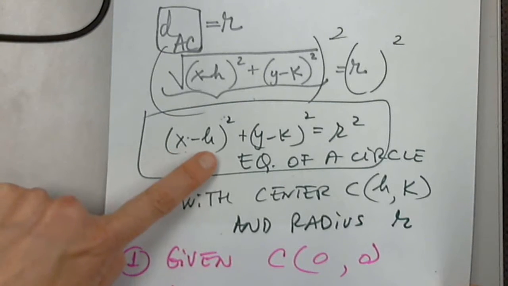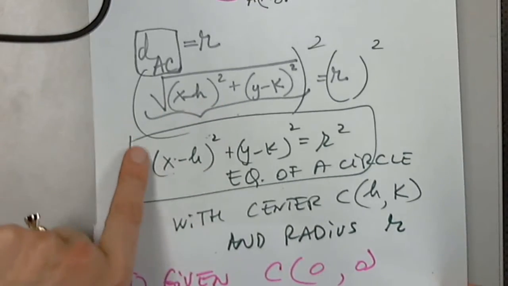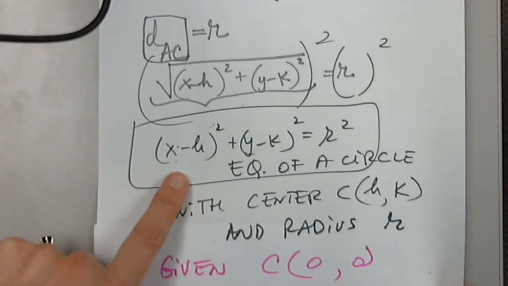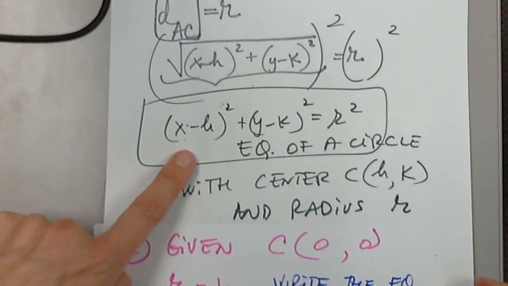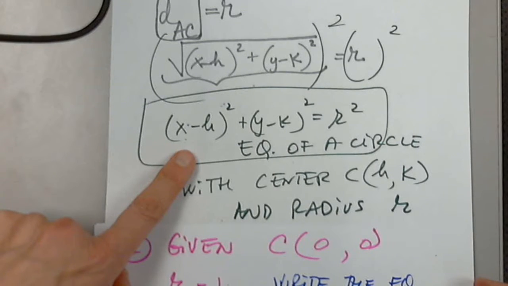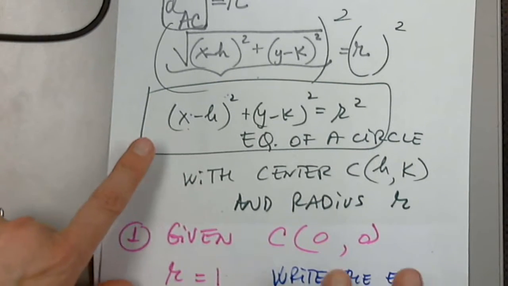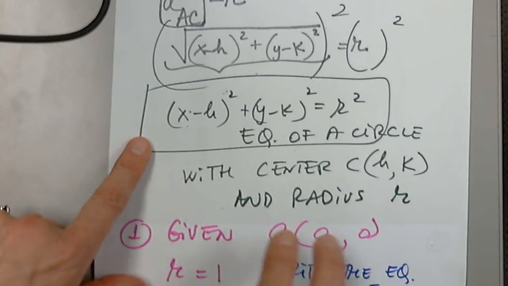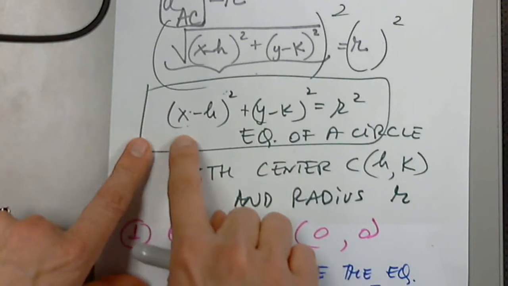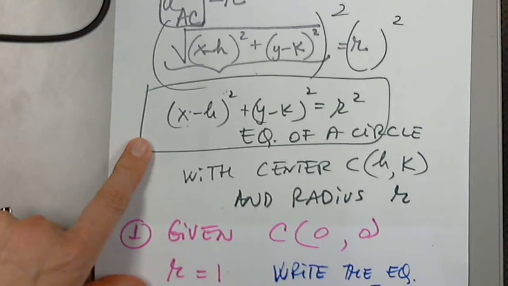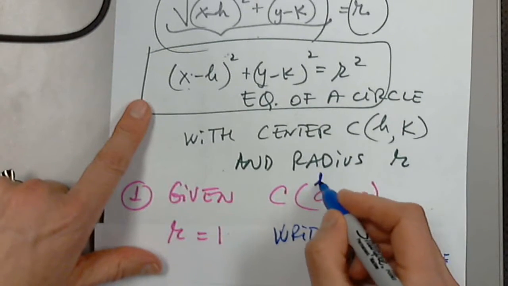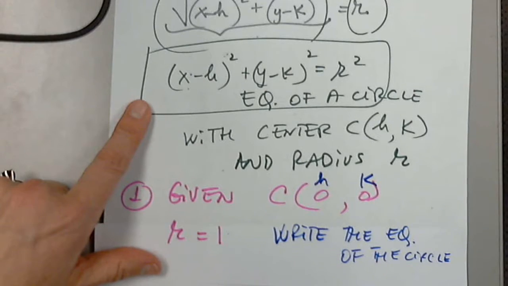So what do I write here? Can the point not be 1, 1? But you said to me that the center is 0, 0. So what will this become? 0. So remember, this is the h and the k, not the x and y.